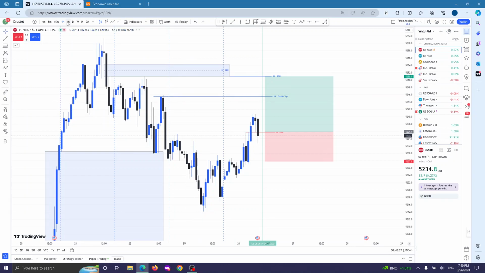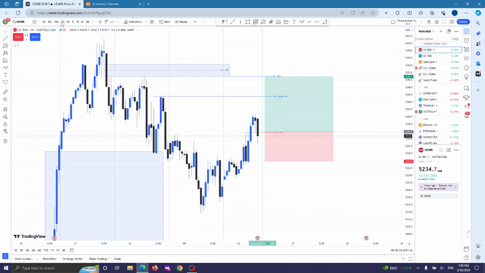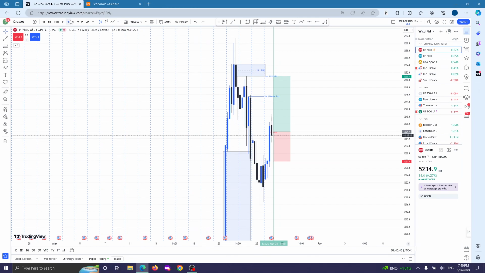One hour double tops. Nope. We are reacting to this 4-hour OB, but overall we are bullish. So maybe price will come down here into breaker. This is the breaker.